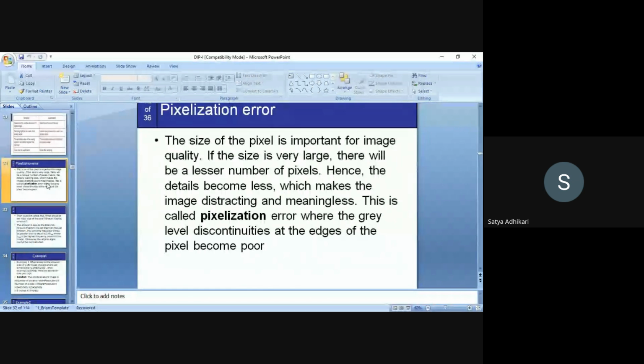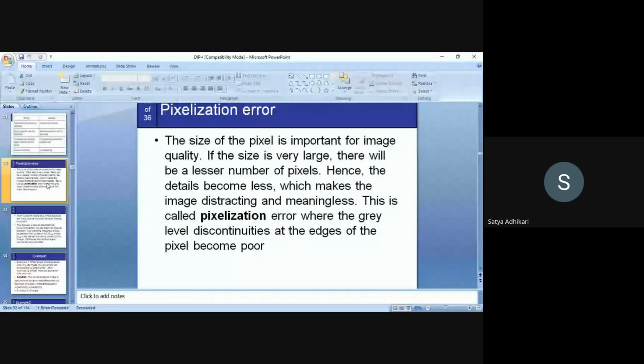If the size is smaller, your screen contains more pixels. So if the pixel size is very large, there will be a lesser number of pixels, obviously, because the size of the screen is fixed. So it is pixelation error, where the gray level discontinuity at the edge of the pixel becomes poor.